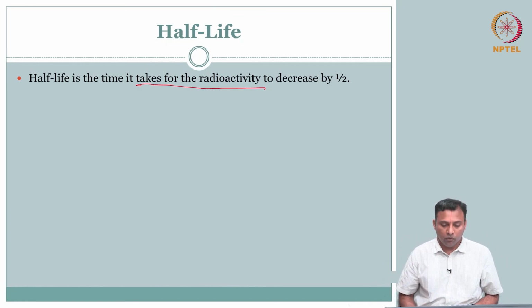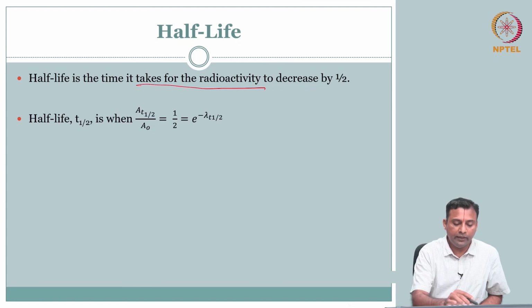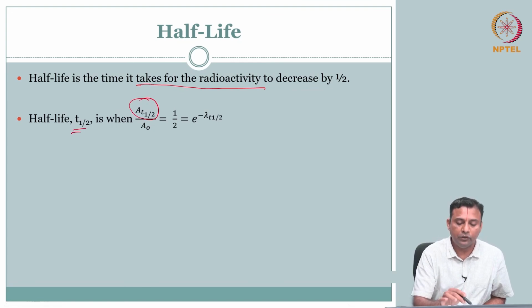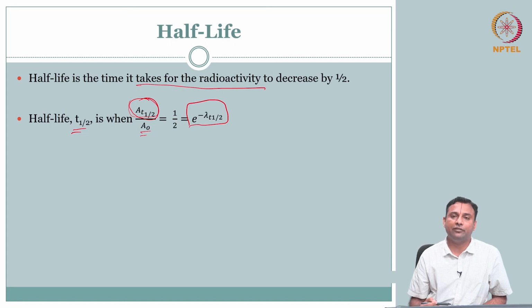Same concept, how do you do it? We start with the previous equation. We need T half. T half is nothing but, you start with some A0, when does it become half? At T half the ratio is equal to 1 by 2, e power minus lambda T half. So essentially it depends on the material property.